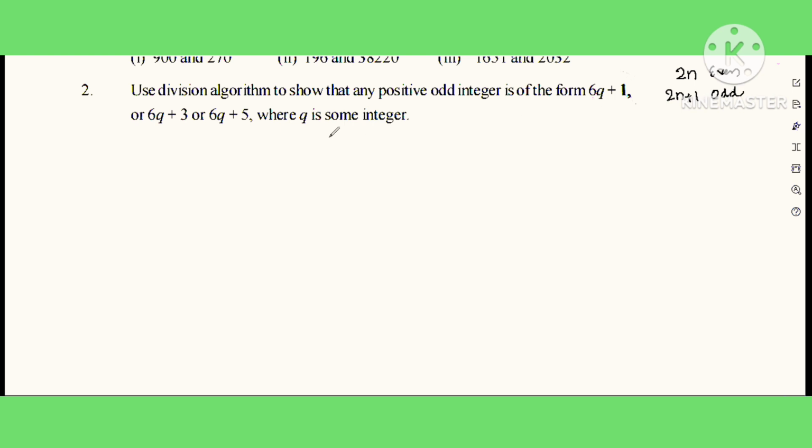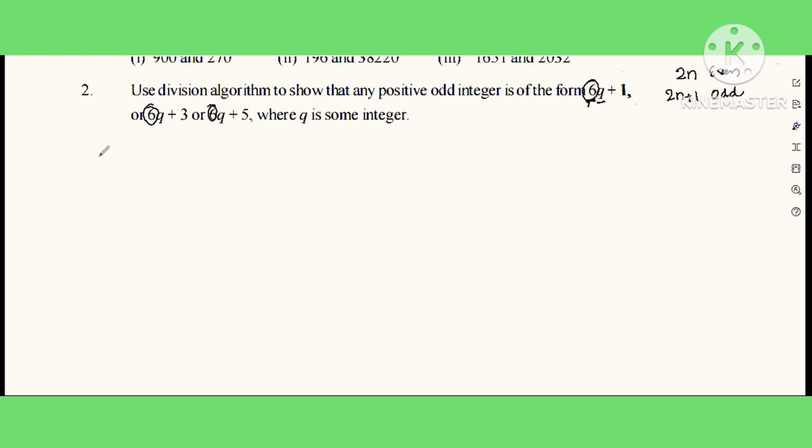First of all, observe this coefficient 6 of the quotient. By observing it, we have to assume the value of b. Let's see how.